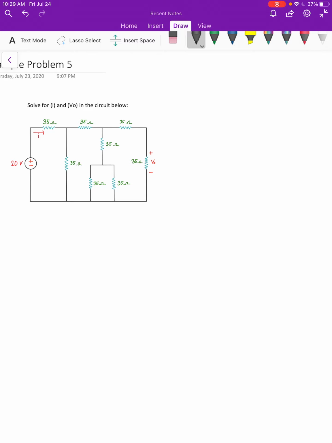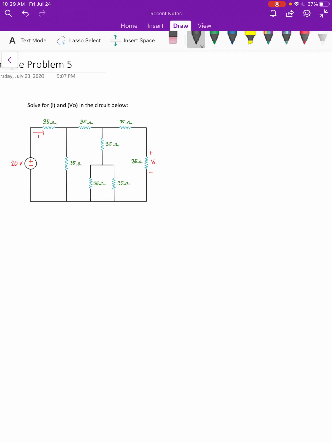This problem set is slightly similar to what I gave you in your assessment, and I'm going to teach you how we should approach solving this particular problem. The problem asks us to solve for the main current I and VO in this last 35 ohm resistor network in this circuit diagram.